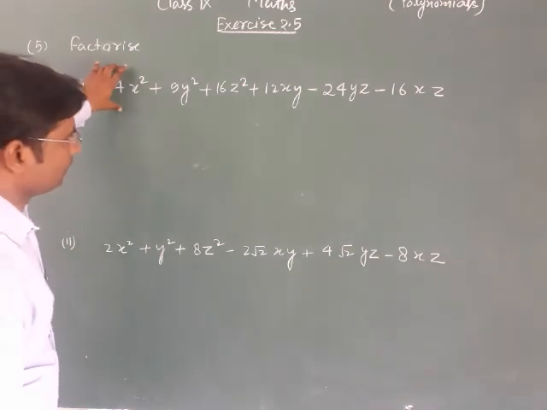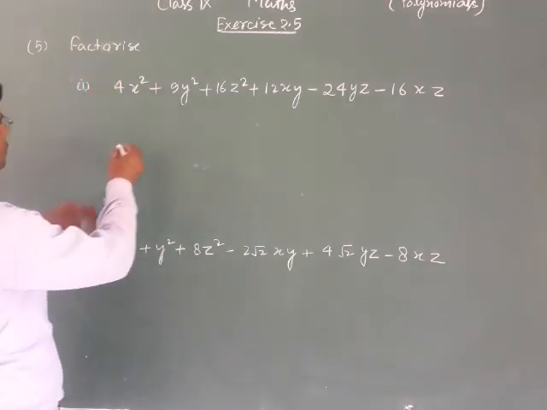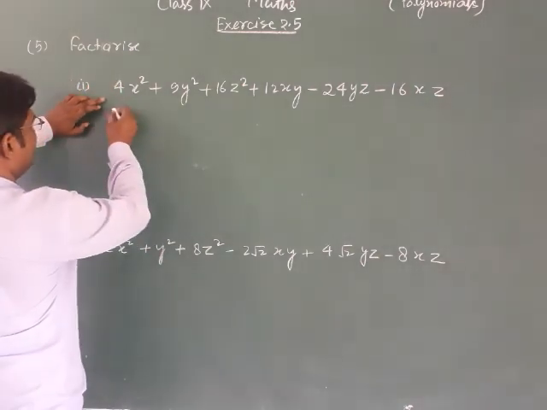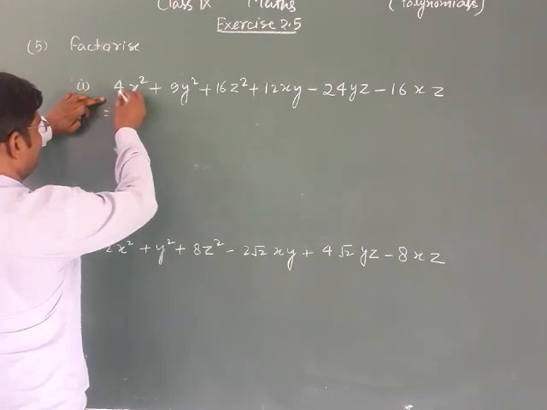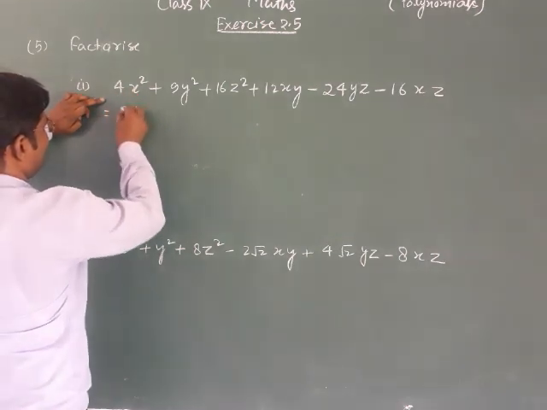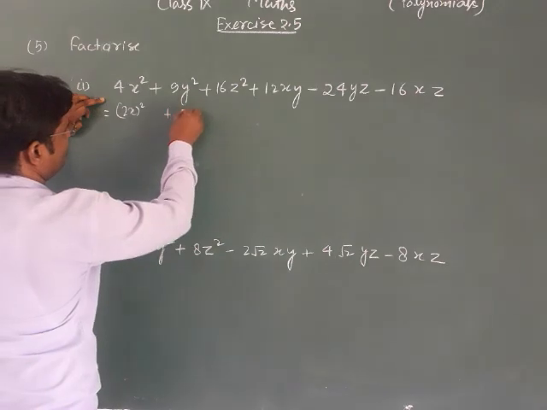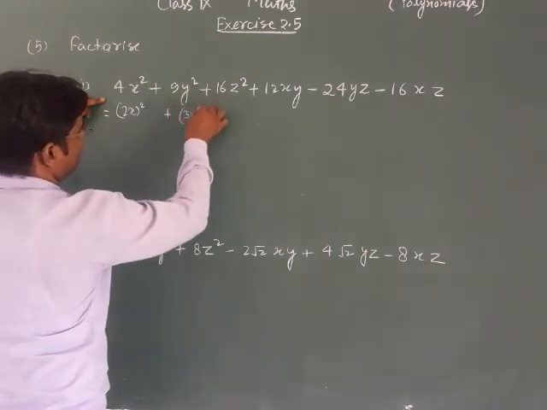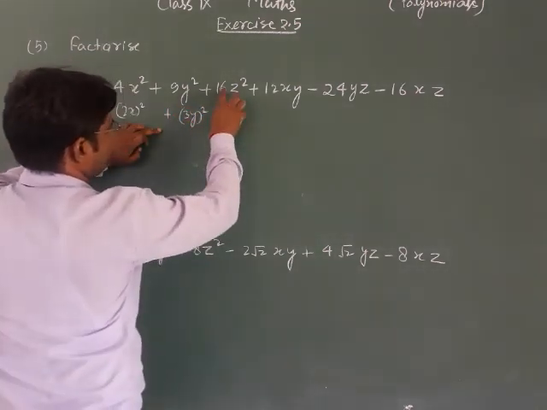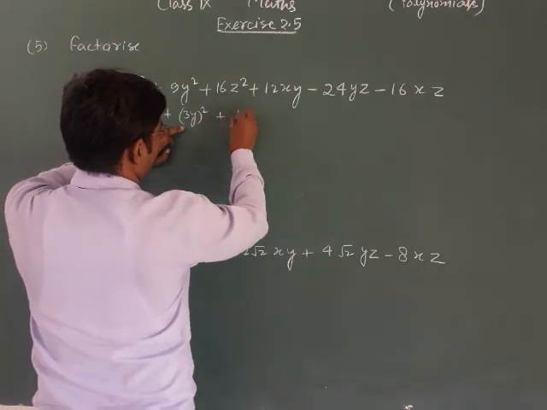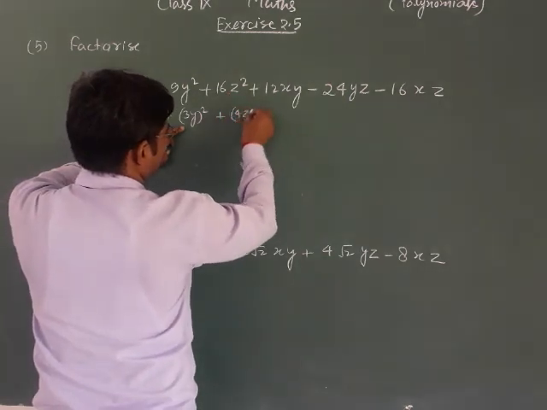So now make it in the identity form: 2x square, 3y square, and plus 4z square.